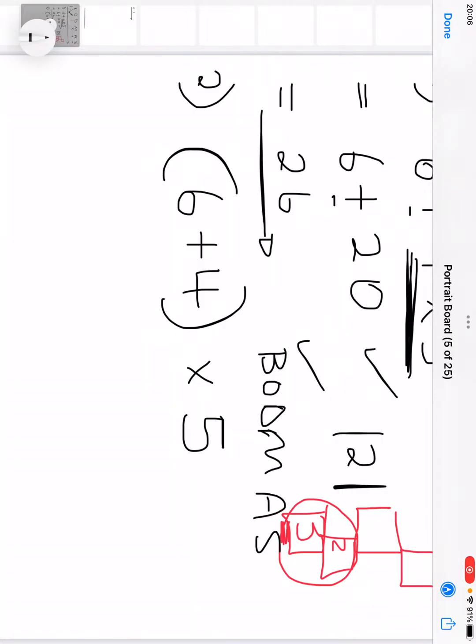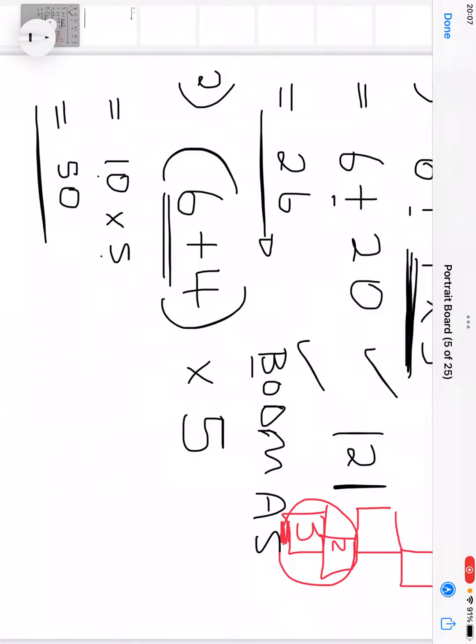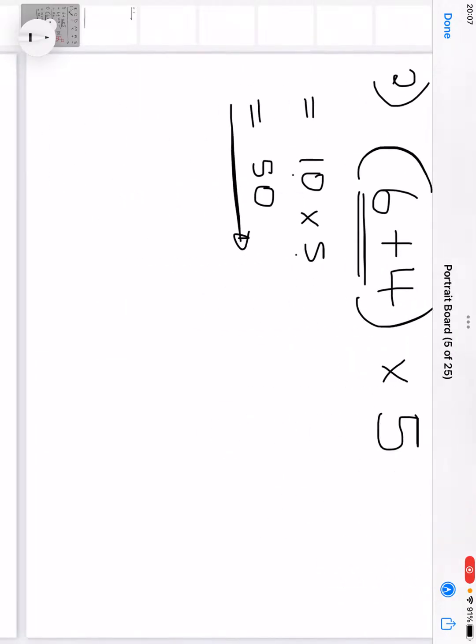Yes, we do have the brackets. So we focus on everything that is inside the brackets. That will be our starting point. We need to say 6 plus 4. What is that? It is definitely 10. And then we have that multiplied by 5, which means 10 times 5, it is therefore equal to 50. That's how you apply BODMAS.